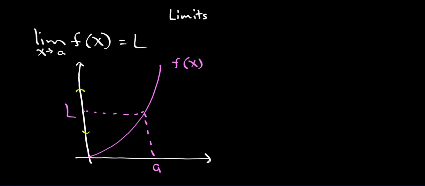Let's just consider this part here. This is L plus epsilon, and this down here is L minus epsilon. In other words, this little distance here is epsilon. Then you notice that we can go over and down like that.